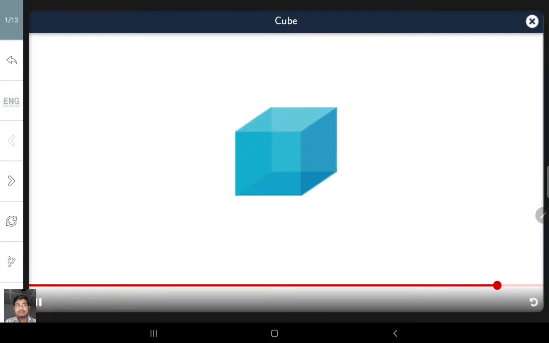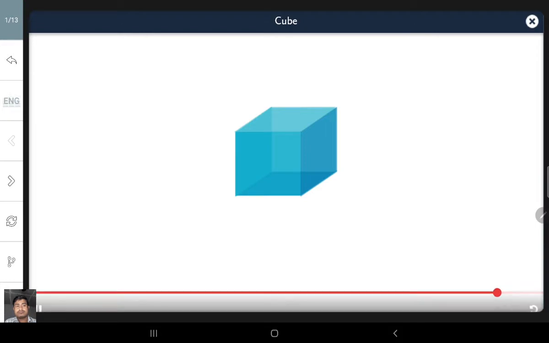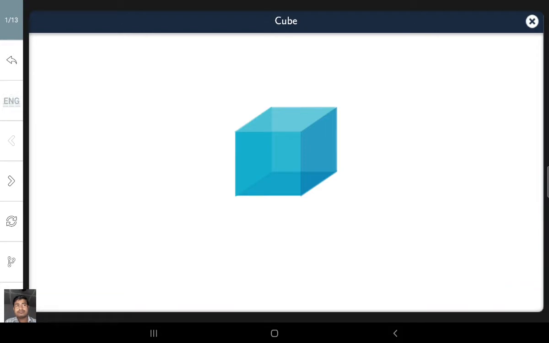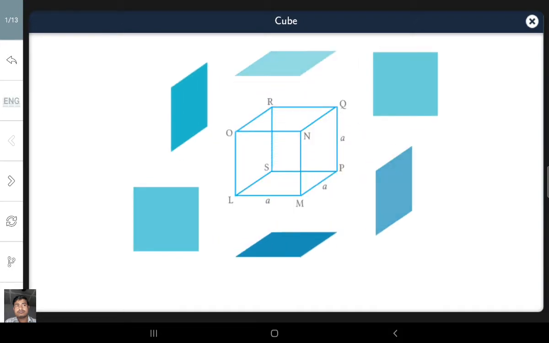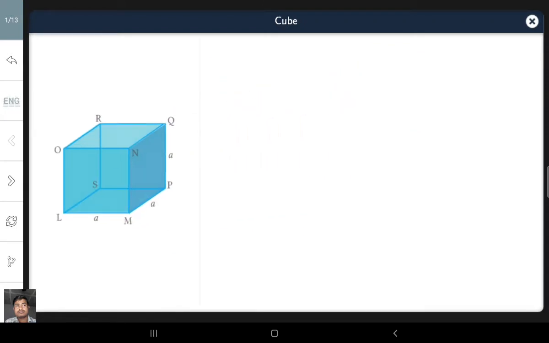A cube is a special case of a cuboid, with all edges of the same length. Thus, a cube has 6 equal square faces. In a cube of side A, the total surface area is equal to 6 times the area of one of the square faces, that is, A square.